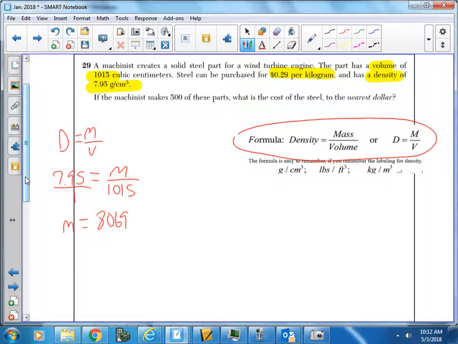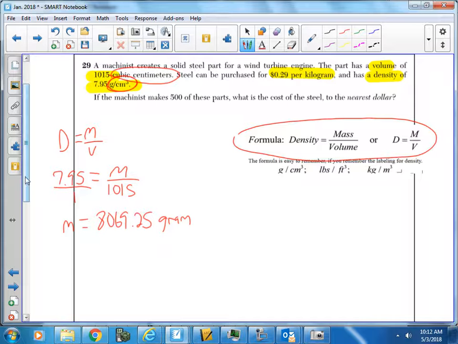So 8,069.25 grams. Once you get this answer, you actually have grams, because remember, the 7.95 is grams per cubic centimeter, and the volume is in cubic centimeters.